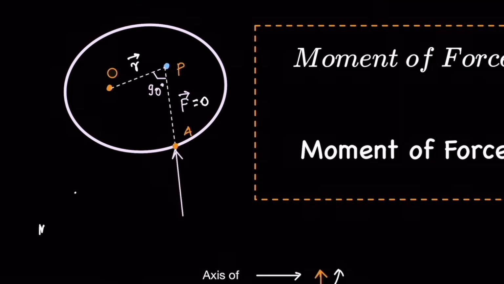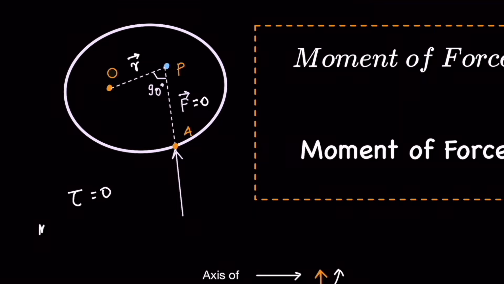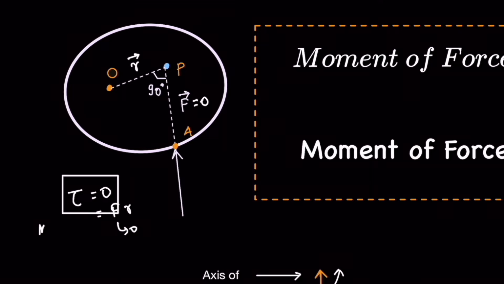it means the moment of force will be 0. The moment of force, which we represent as tau, will be 0. Why? Because it is equal to F into R. So if F is 0, then the total moment will be 0. Second, let's assume the force has a magnitude, but R is 0.